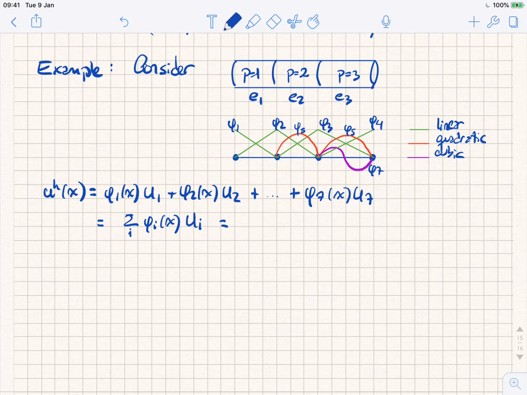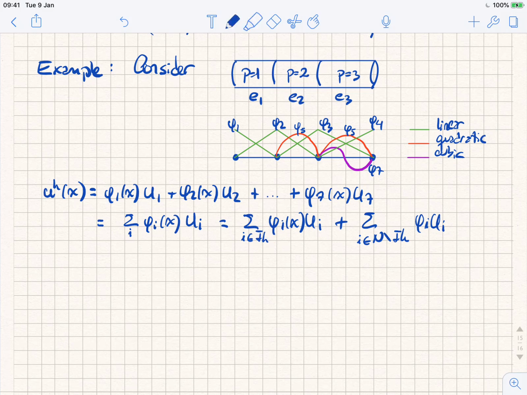And another way that I like to write that discretization is this way, because here IH is the index set of nodes of the mesh.